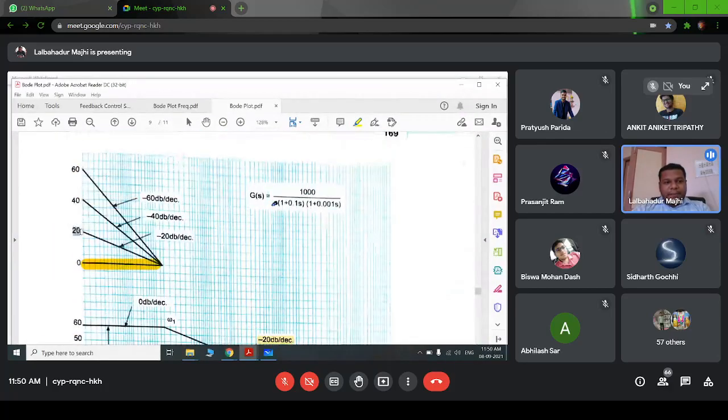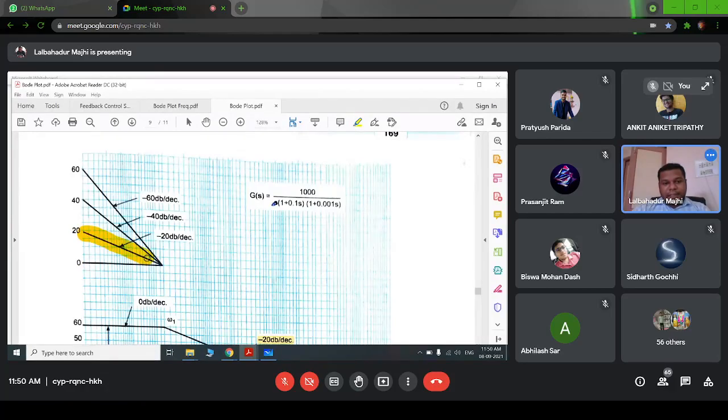So this is 20 dB, 40 dB, and 60 dB on a linear scale on the y-axis. Then from that point we have to draw a straight line to this frequency 10.